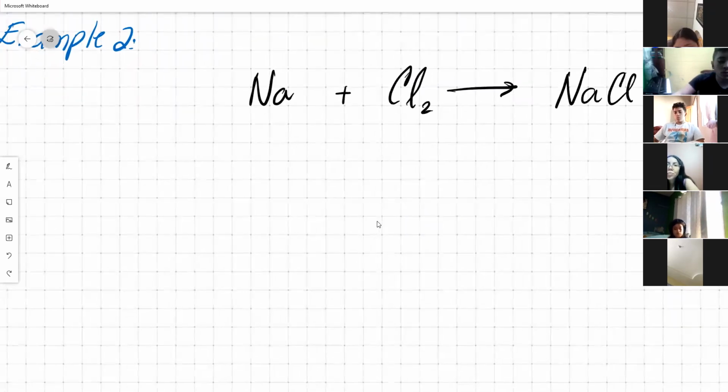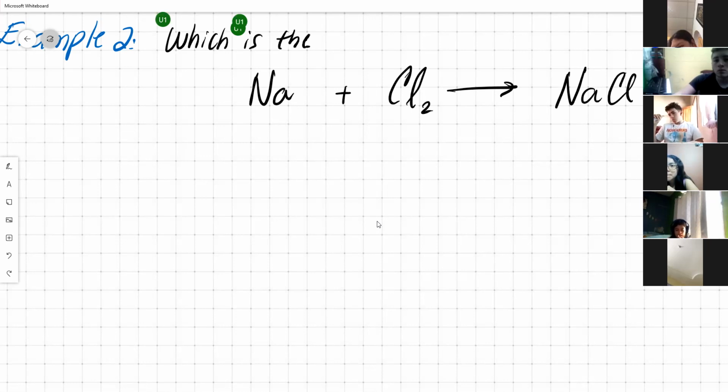I'm giving you a reaction between sodium and chlorine to produce sodium chloride. And I'm going to ask you, which of the reactants is the limiting reactant?